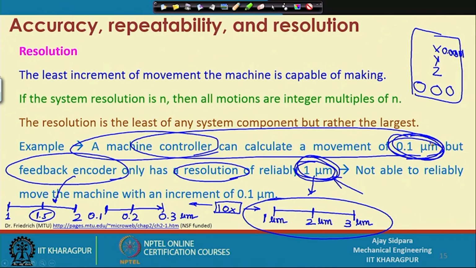What is the problem with that? The problem is that you are not able to extract the complete capability of the controller, which is capable of any machining or movement with 0.1 micron, but you have added a less reliable, lower specification feedback controller which has 1 micron. So, if your movement is this one, then it is better to go with at least a feedback controller of 0.1 micron.